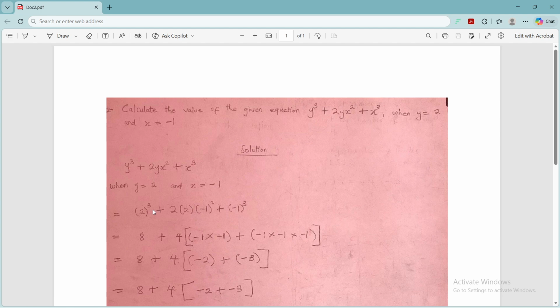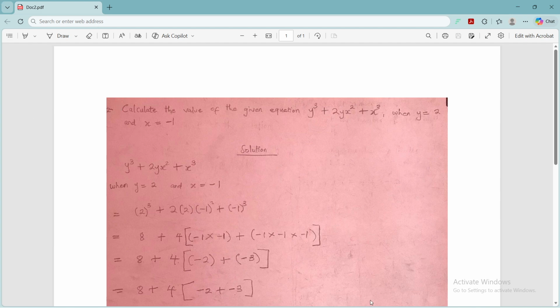So y cubed, where y is equal to 2, is giving us 2 cubed plus 2 multiplying y s squared, where y is 2, right? So 2 multiplying 2 and s is -1, so multiplying -1 here, right?